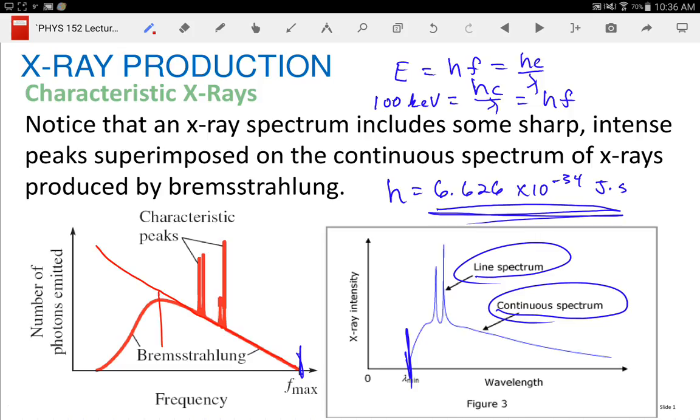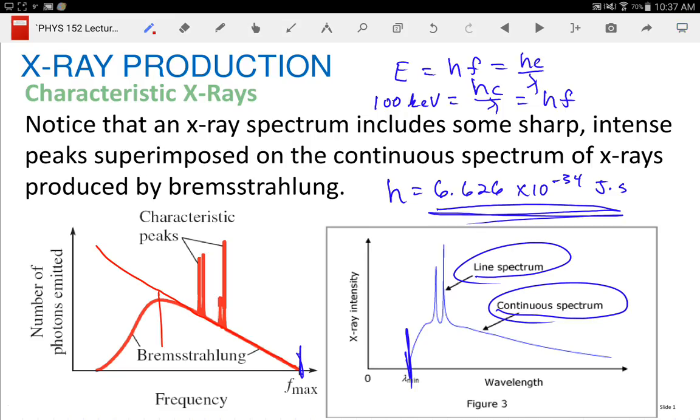Okay, what about those line spectra, also called the characteristic peaks? What causes those? Yeah, it's electrons that are bound to the target falling to a lower energy state. Why?